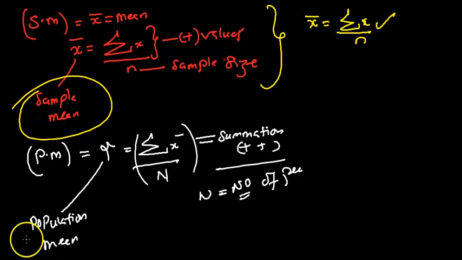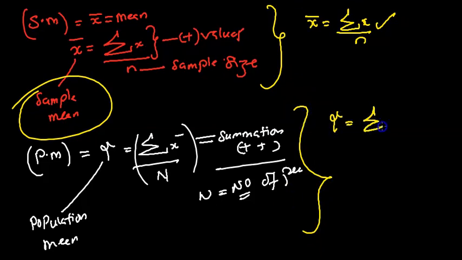What about the next one? The population mean is simply the average value of the entire population, calculated by summing all the values and dividing by the total population size. It is denoted by mu, which is the summation of X divided by N, which is almost like the first one.